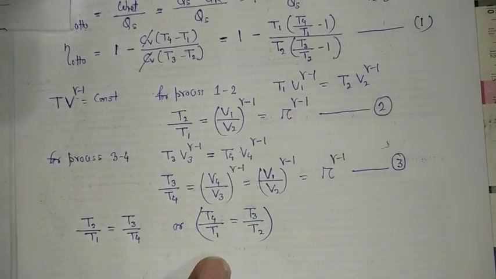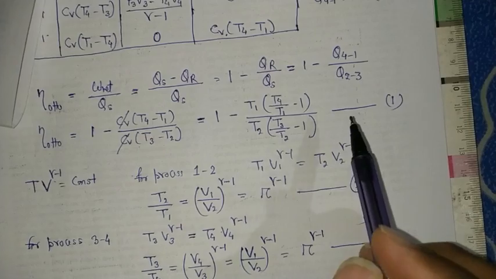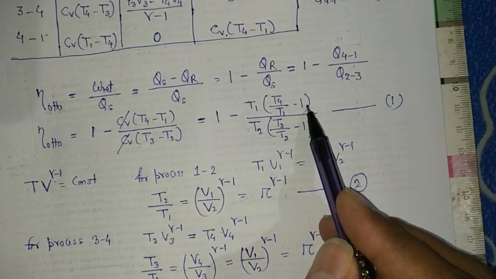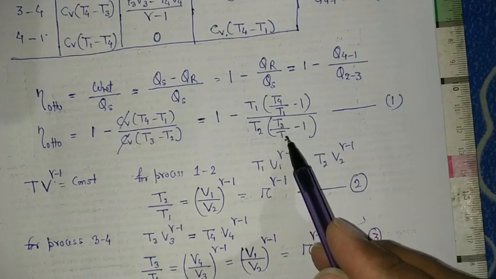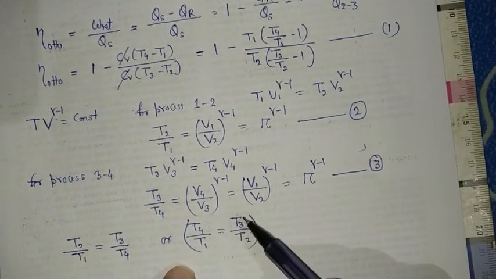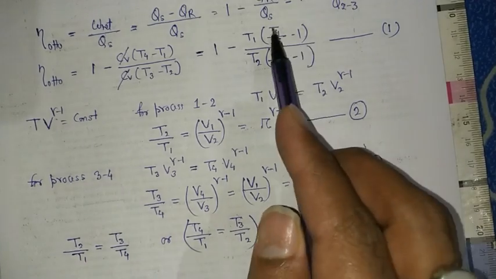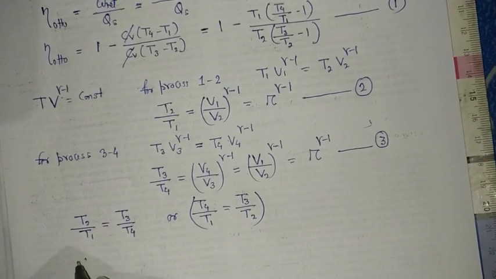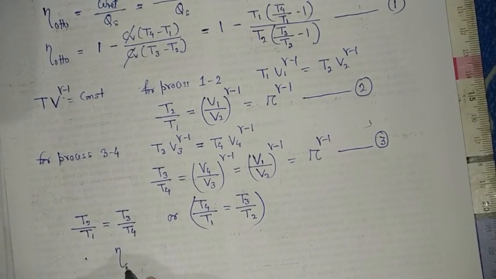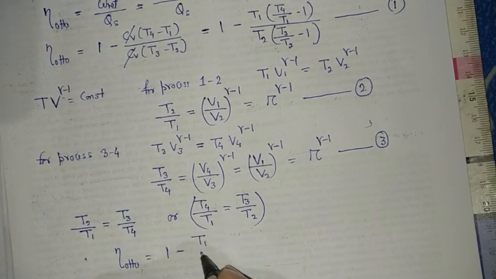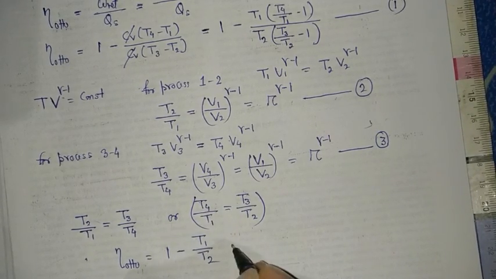Okay, so this expression we can put in this equation. Here T4 by T1 minus 1 divided by T3 by T2 minus 1. So T4 by T1 is equal to T3 by T2. So both quantities are equal, so it will cancel out. So now the efficiency of the Otto cycle will become 1 minus T1 by T2.